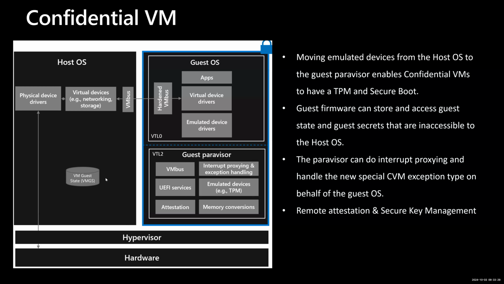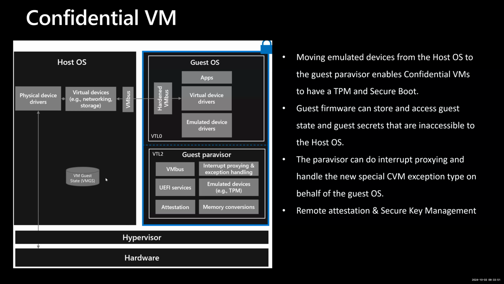Lastly, there's also remote attestation. Since that is by definition part of what a confidential VM is, the guest would also need to perform attestation. If you have a paravisor, that can also do that on behalf of the guest. The guest can still do it afterwards.